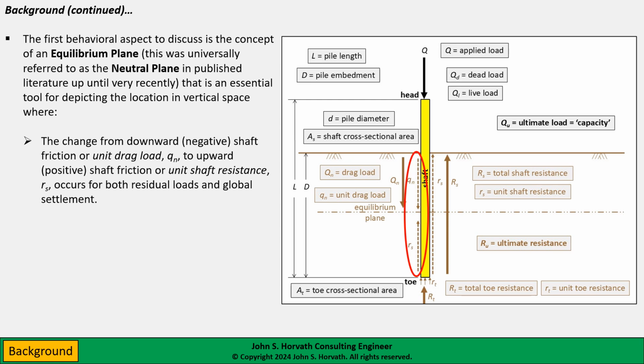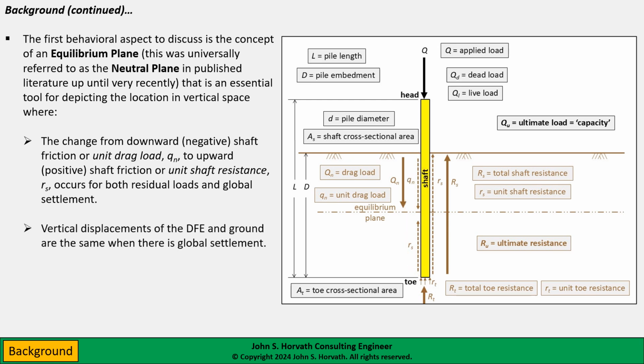So what happens at the equilibrium plane? The change from unit drag load, downward or negative shaft friction, to unit shaft resistance, which is positive or upward shaft friction, occurs at the equilibrium plane.